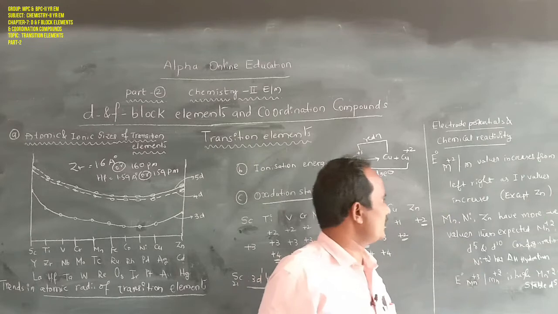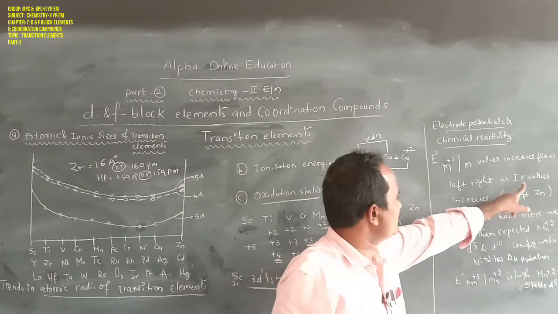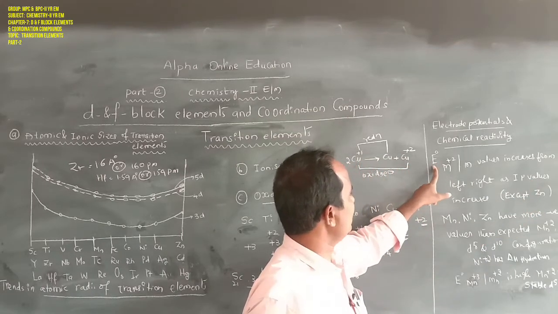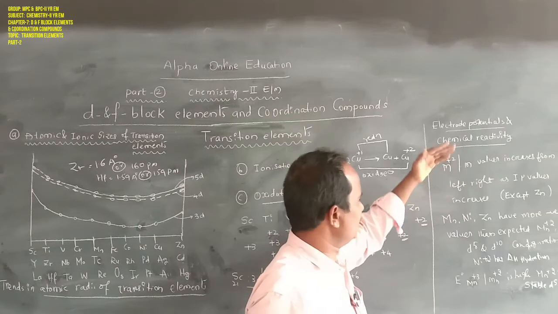The reason is the IP values, the ionization potential values, are increased, so their standard reduction potential E naught values are increased.